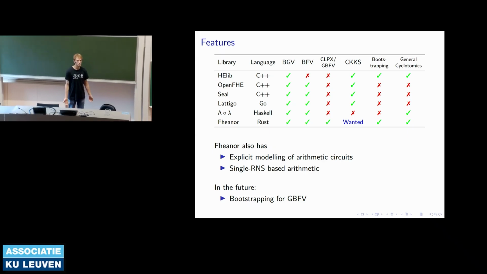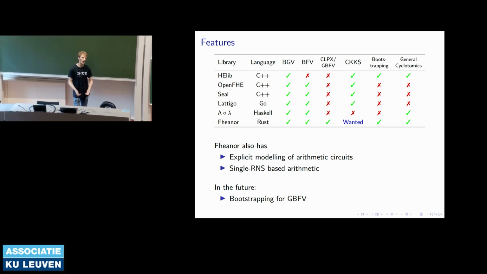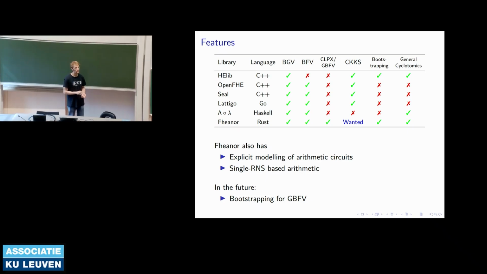I didn't include TFHE, because TFHE in a sense is like a disjoint set of features. While you could implement TFHE, it currently also isn't implemented in Fheanor. You could implement it quite easily using the toolkit provided, but to get an implementation that's comparable to state-of-the-art in terms of performance, you'd probably also have to implement other ways of doing arithmetic in the rings that's optimized for parameters commonly used in TFHE.